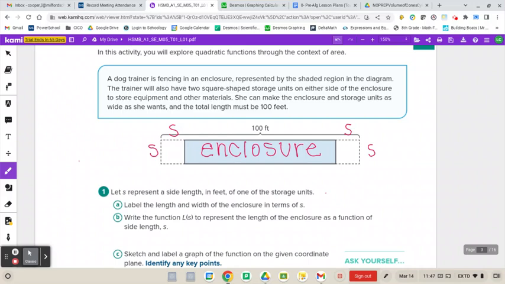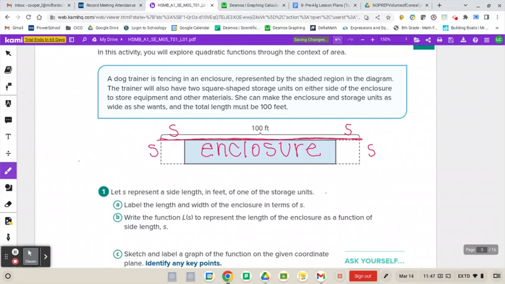So this is where things get a little dicey. We'll talk about that in a second. Write the function L of S to represent the length of the enclosure as a function of the side length. So this entire thing is 100. Would you agree? Okay.